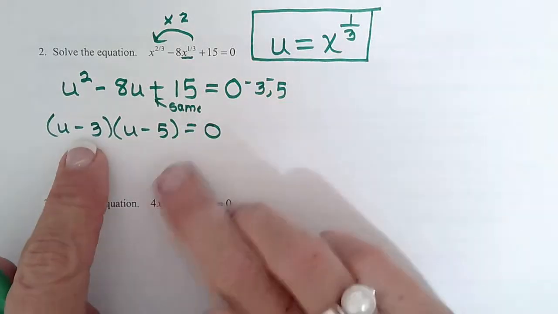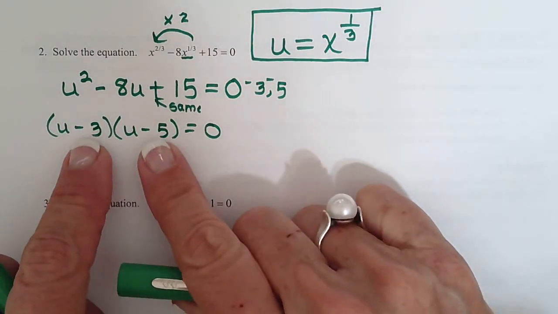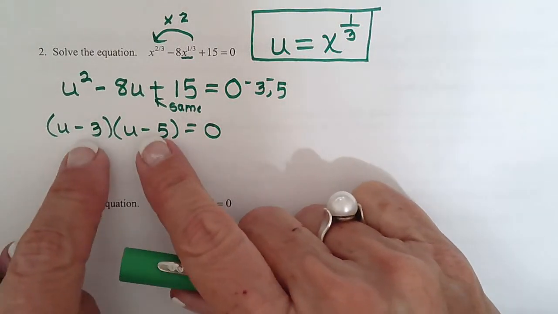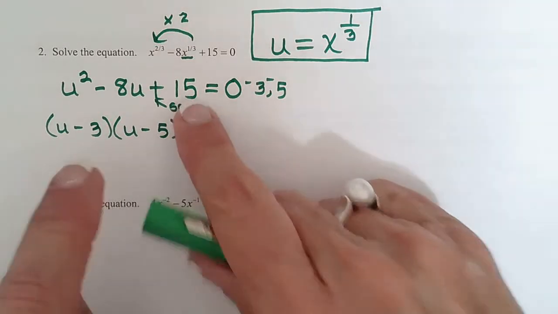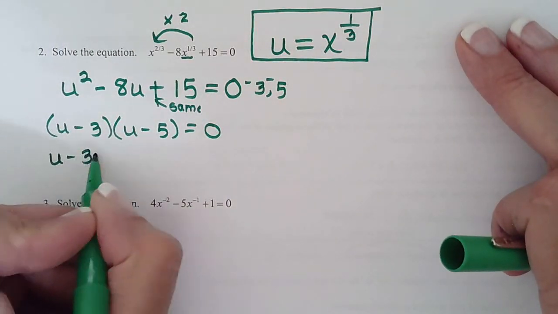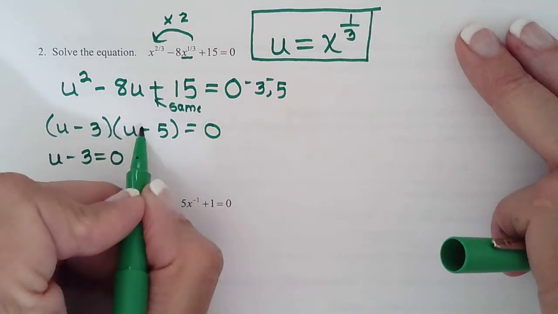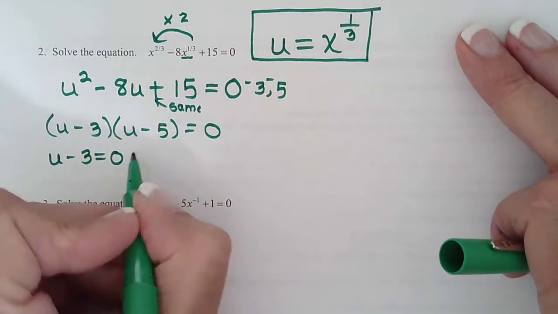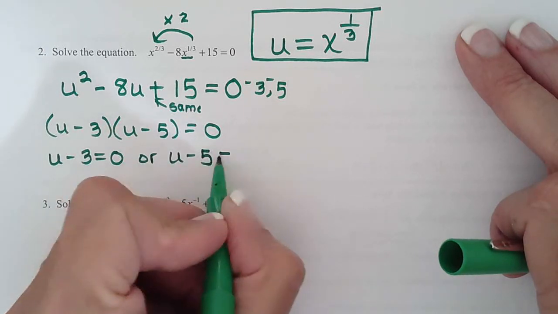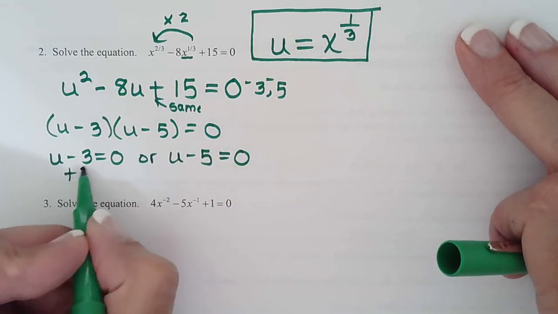And remember, you can check your factoring. These two added, negative 3 plus negative 5, should give you that. And these two multiplied should give you that. So you can always check if you feel like you're a little rusty. So if a times b equals 0, either a is 0 or b is 0, according to the zero factor property we learned in chapter 4.